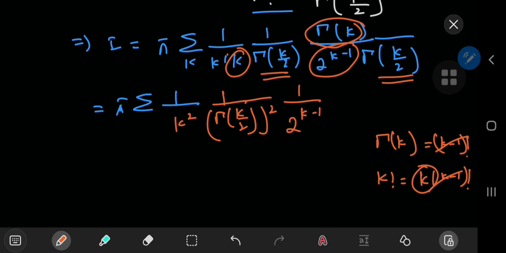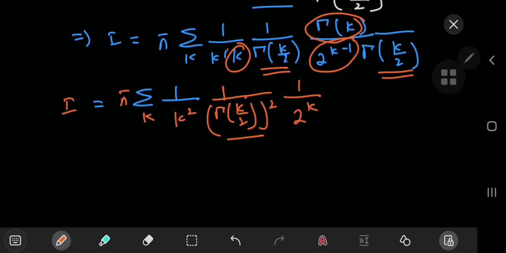And, okay, now what? Well, first up, I would like to break this term down into 2 to the k times 2 inverse. And I can just take it outside of the infinite sum, and that will give me 2 to the k and dividing by 2 out here. Now this is an infinite sum for I. And I almost messed up big time.